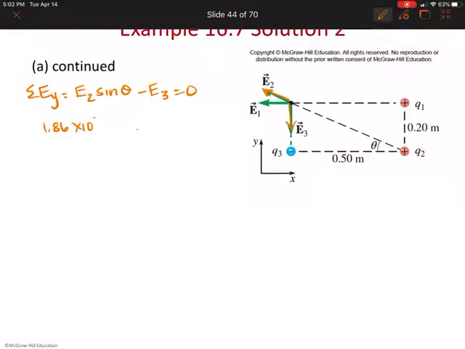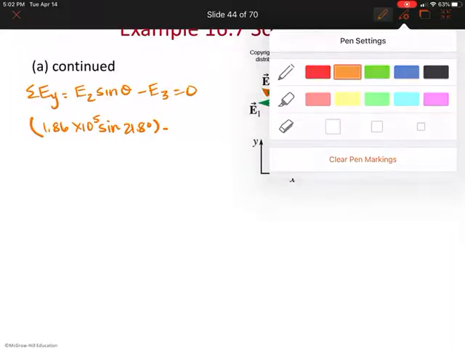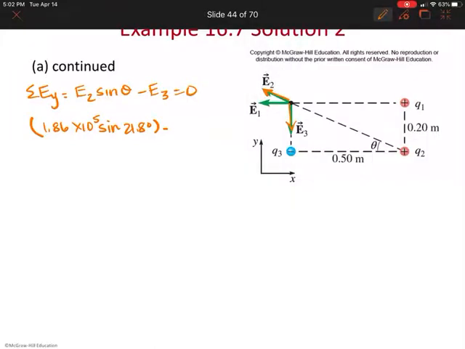So you've got 1.86 times 10 to the 5th sine 21.8 degrees minus, 1.44, right? No, wrong one. Trying to think of the E3. The E3 was 2.25 times 10 to the 5th.